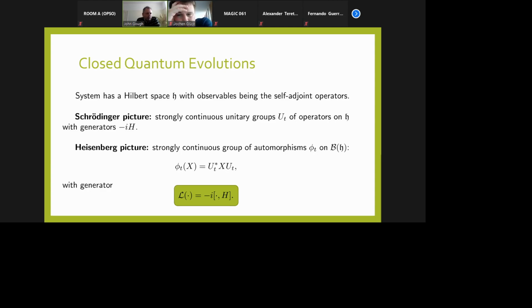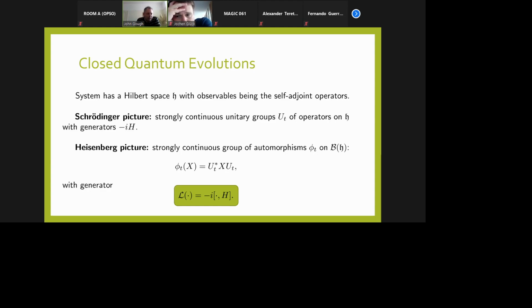So you've got a family of unitaries. It'll be strongly continuous. It's a group under the usual product of operators. So we should, from Stone's theorem, have a generator. And of course, the generator is related to the Hamiltonian of the system.